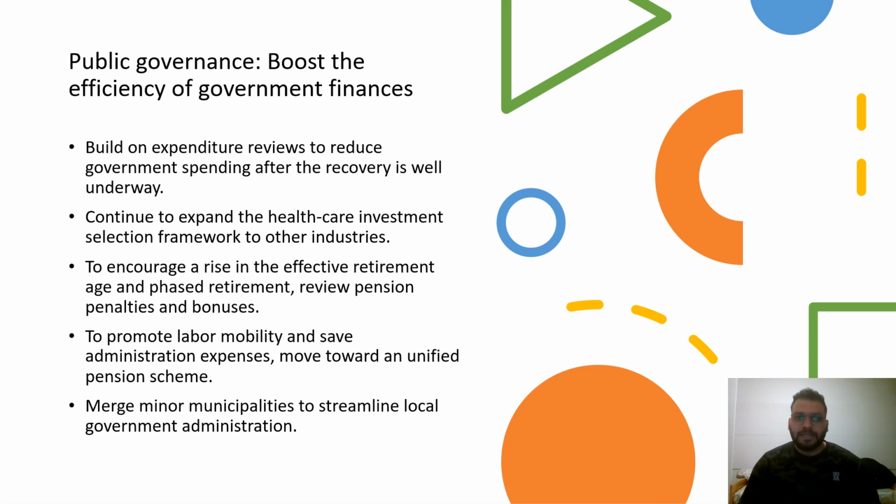So build on expenditure reviews to reduce government spending after recovery is well underway. Continue to expand the healthcare investments and adapt the framework to encourage a rise in the effective retirement age and phased retirement. Review pension penalties and bonuses to promote labor mobility and save administration expenses. Move toward a unified pension scheme. Merge minor municipalities and streamline local government administration.